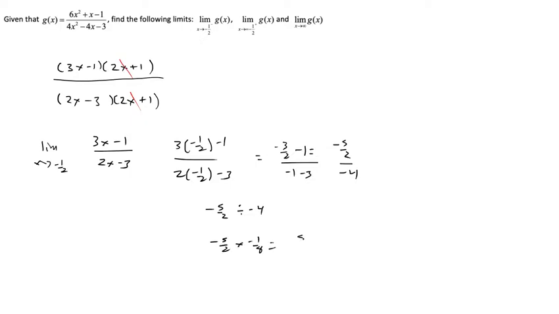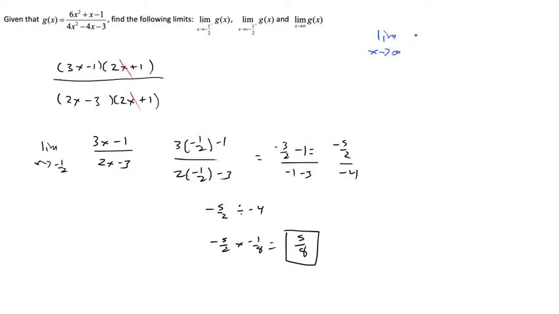So in this case, we get a final answer of 5 over 8. That's this limit. The limit as x approaches negative 1/2 does not matter if we're coming from the left or from the right. The answer is just going to equal 5/8, which is a point on the graph. Remember, it's going to be a hole. This is called a removable discontinuity here.